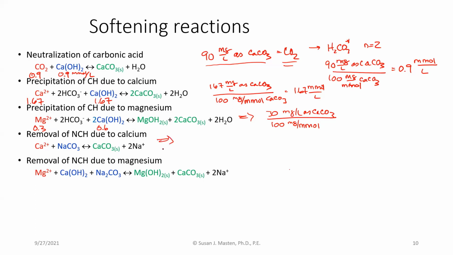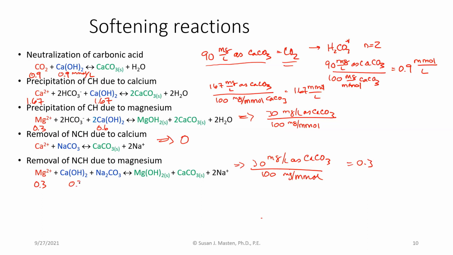We have no non-carbonate hardness due to calcium, so we don't have to worry about that reaction. The non-carbonate hardness due to magnesium was 30. We'll divide that by 100 again, which is 0.3.